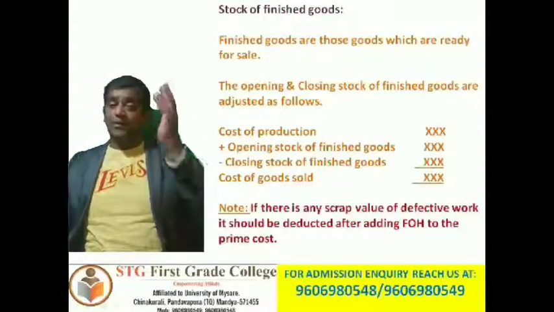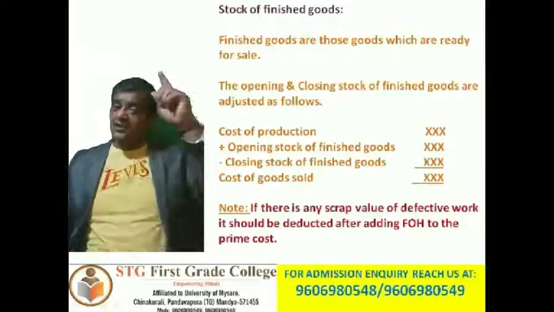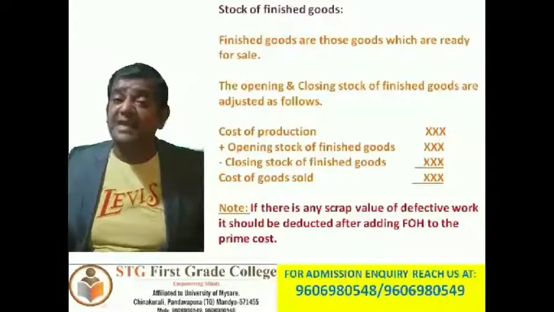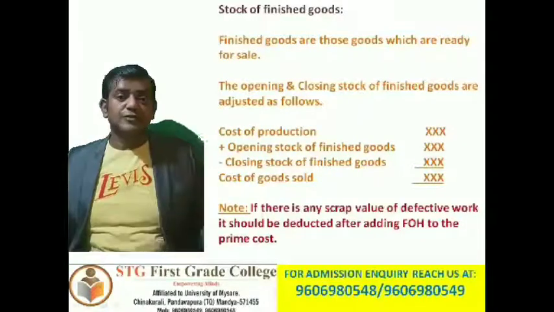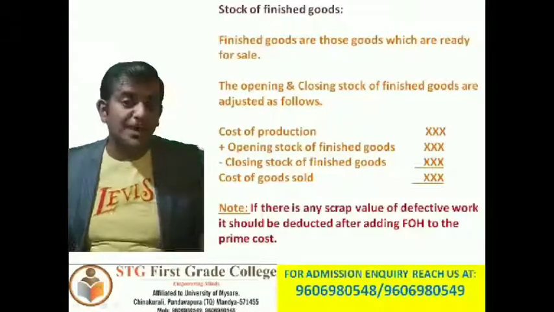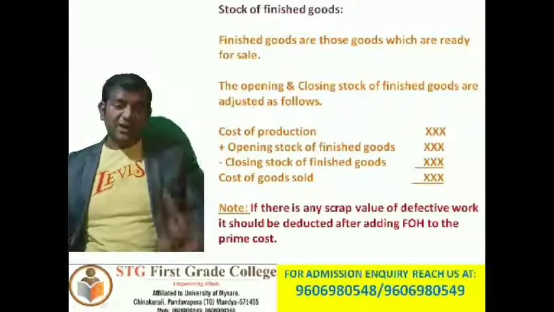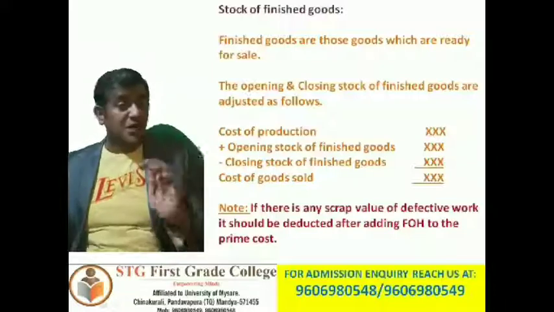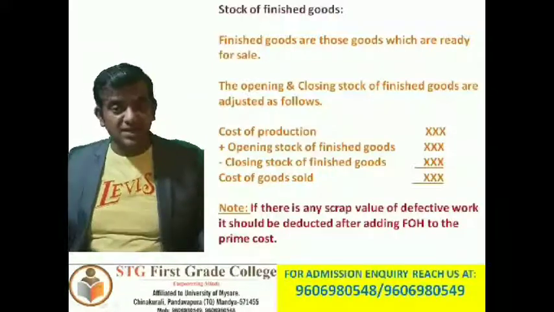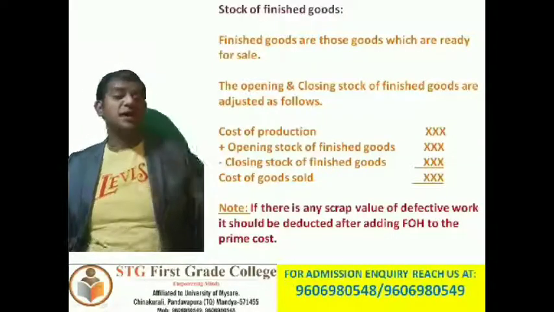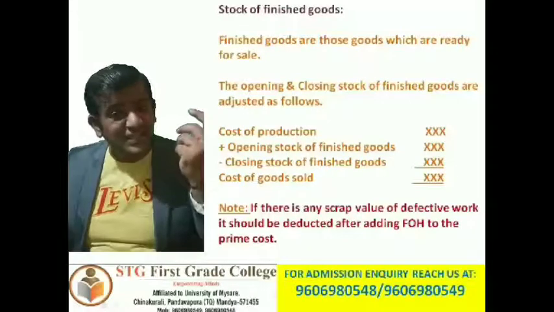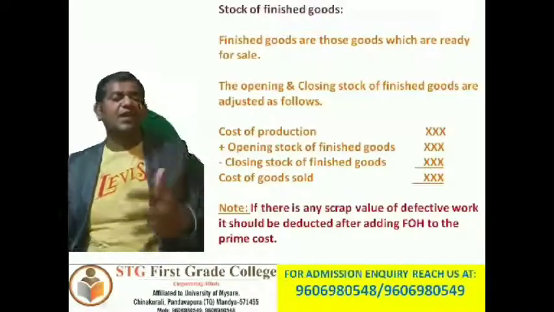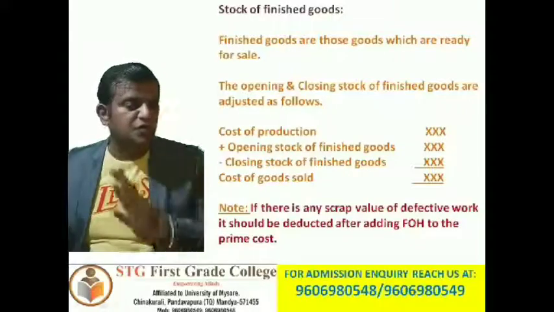Raw materials are considered at the beginning of the problem, before calculating the prime cost. If it is work in progress, where some activity has started but is not yet complete, then it comes under factory overheads. When it is finished and ready for sale, then after identifying the cost of production, we do the adjustments.